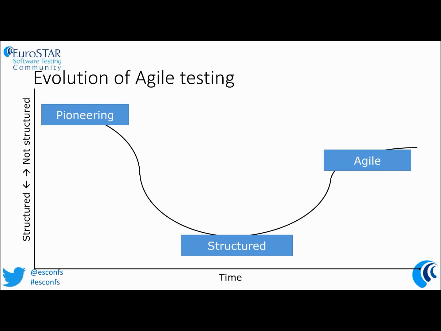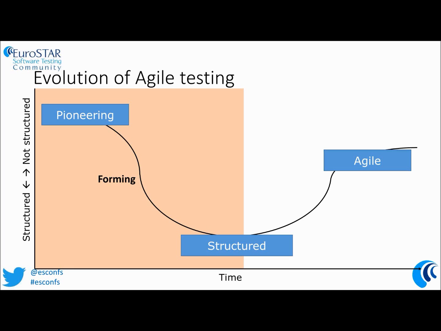Some companies try to do some pioneering, learn a little bit about testing, and then immediately start working Agile. But I think you need to learn the basis of structure and process and the techniques that you can use flexible when you are Agile. You need to know at first how to use them and why to use them.